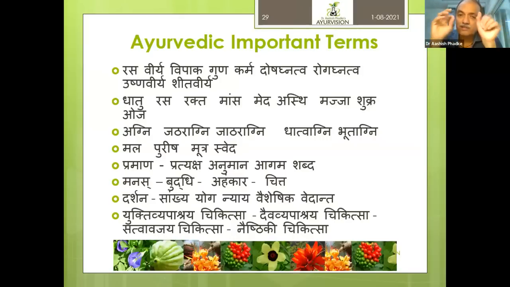There is also Daiva Vyapashraya Chikitsa, where we use mantra or dharana of gems and all that. But in Sattvavajaya, basically we use principles of yoga only. And there is something known as Naishthiki Chikitsa in Ayurveda, which is again nothing but yoga only.